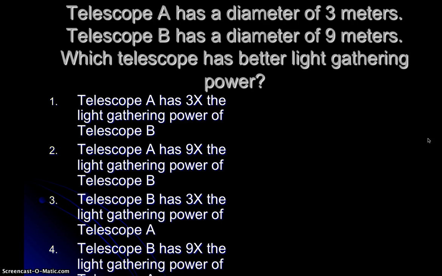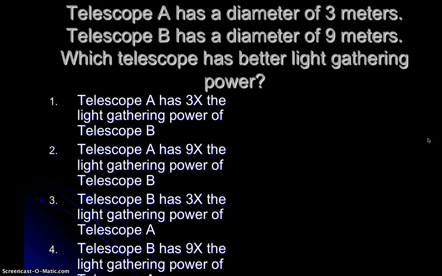Now think about the fact that it's related to the area, and these lenses or mirrors are going to be circles, and how am I going to find the area? You can use the expression pi r squared, and so the diameter, of course, is just twice the radius, so we could say it's pi d squared over 4. It's the same thing.